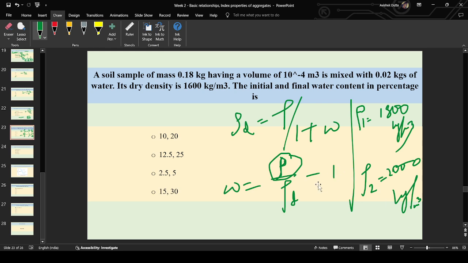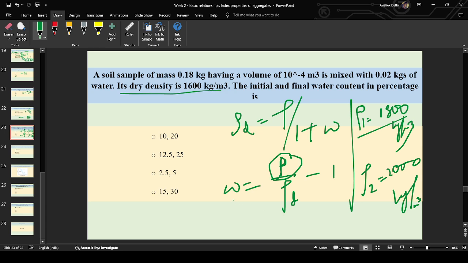Okay. So basically, you have to use this formula twice. Once with rho equal to rho 1 and another time rho equal to rho 2. The value of rho d will be constant, that is the dry density, so it is 1600 kg per meter cube.